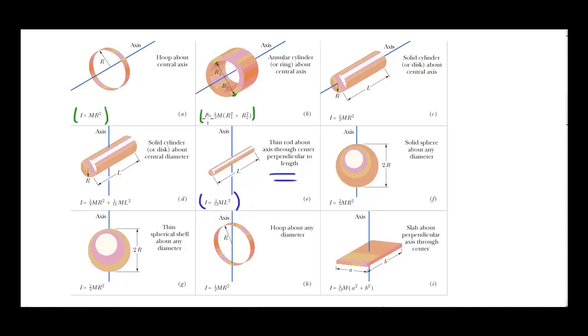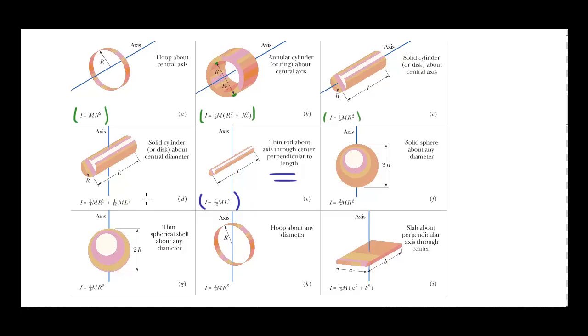Here's a solid cylinder, or it could be a disc, but they're doing a cylinder that's solid, uniform density, being rotated about a central axis. So maybe you think like a steamroller cylinder. And then if you do out the integral, it's 1/2 m r squared.